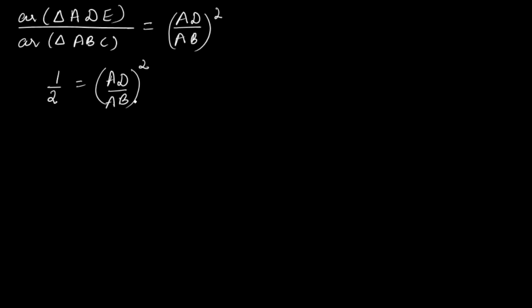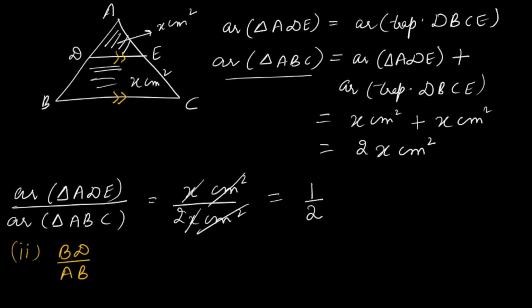So what will be the ratio of AD is to AB? This whole square we shift to the other side. If the whole square we shift to the other side, what will we get?